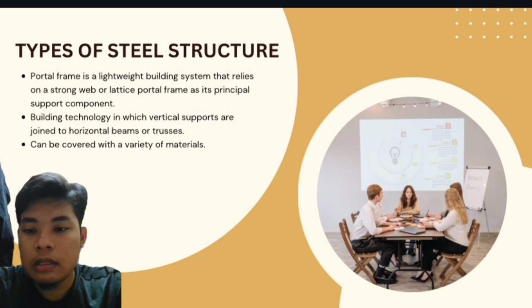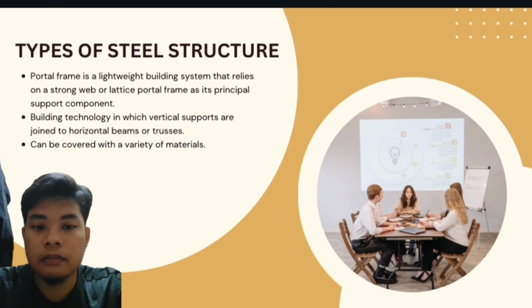The lightweight cladding would be carried on sheeting rails that would span between the portal frame columns. Portal frames are two-dimensional rigid frames with the basic property of a stiff junction between a column and a beam.